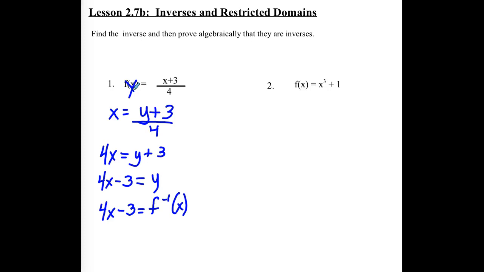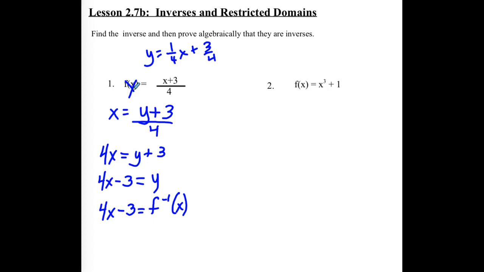Okay, now, could we have figured that out, that it would be an inverse, before we even started this question? Remember, there's a test you can do on the original function. And the original function was y equals x plus 3 divided by 4, or y equals 1/4 x plus 3/4, if we split up that 4. That's still a line, right?